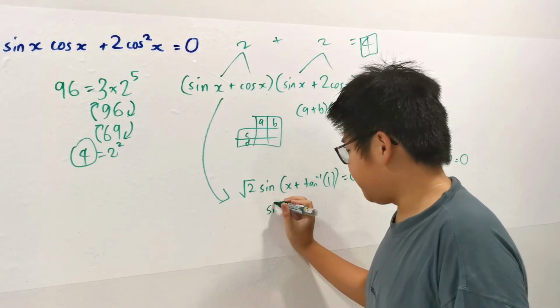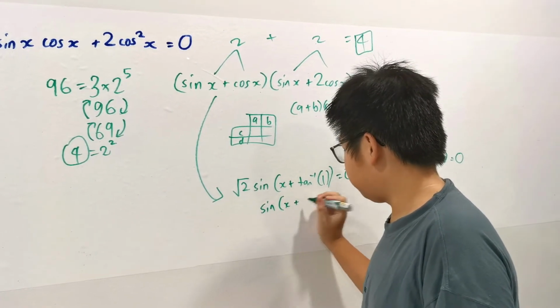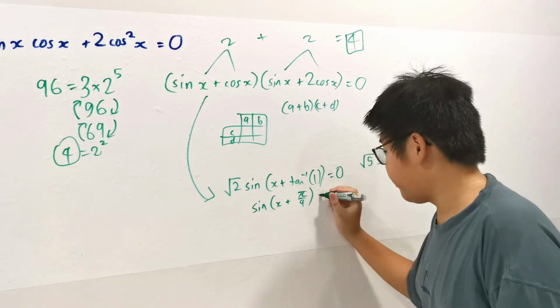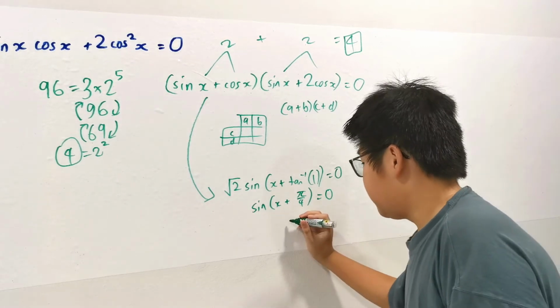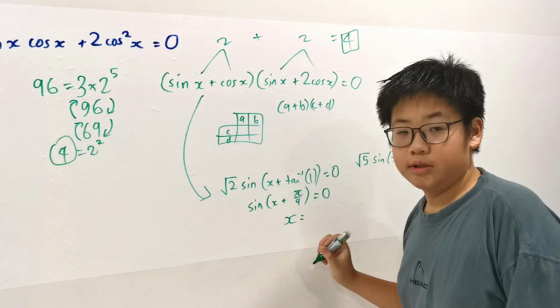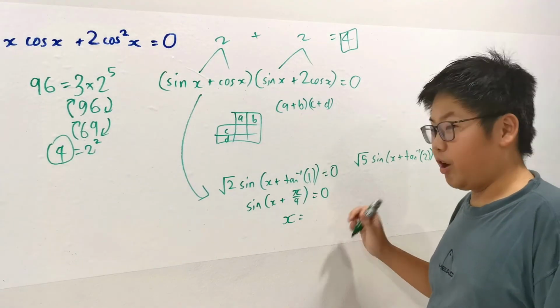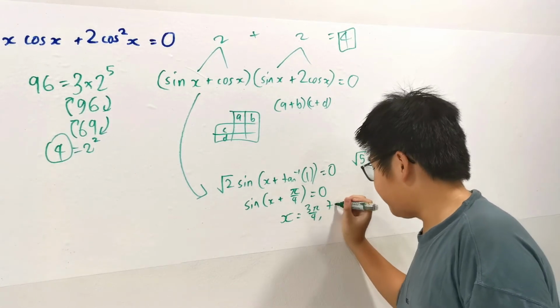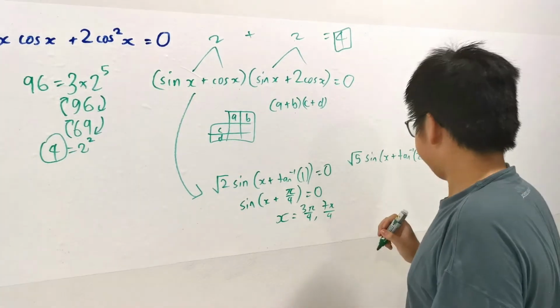So we can easily simplify this to sine of x plus pi over 4 equals 0, since tangent inverse 1 is pi over 4. So x equals, can you guess? You can't? That's fine. It's 3 pi over 4 and 7 pi over 4.